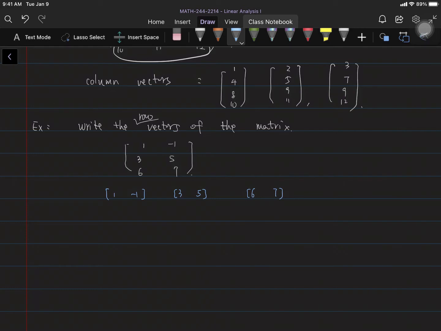So let's see. We have another definition kind of thing. Let's take a look at this. If A1, A2, AN are column vectors, N vectors, then they are column vectors.